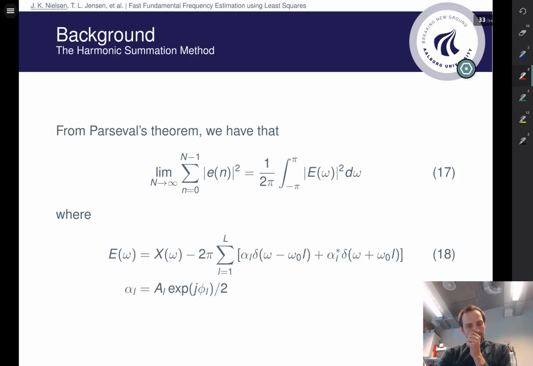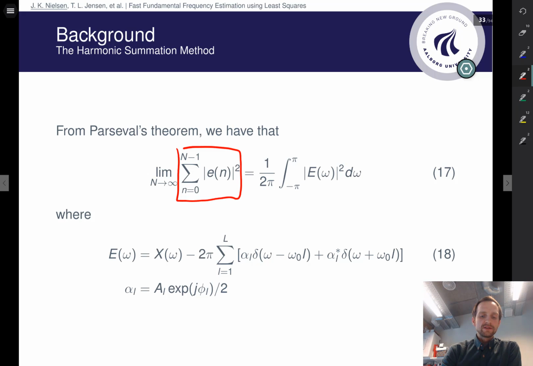The way we can derive it is, remember that what we have here is the least squares objective. If we let n go to infinity, then from Parseval's theorem we can write the objective in the frequency domain, as we have here.